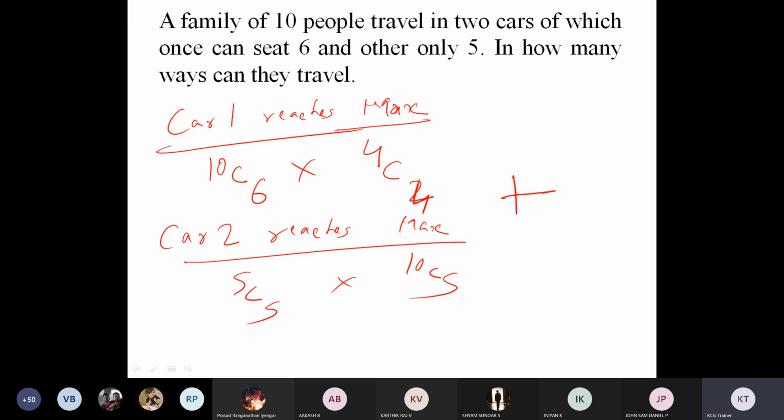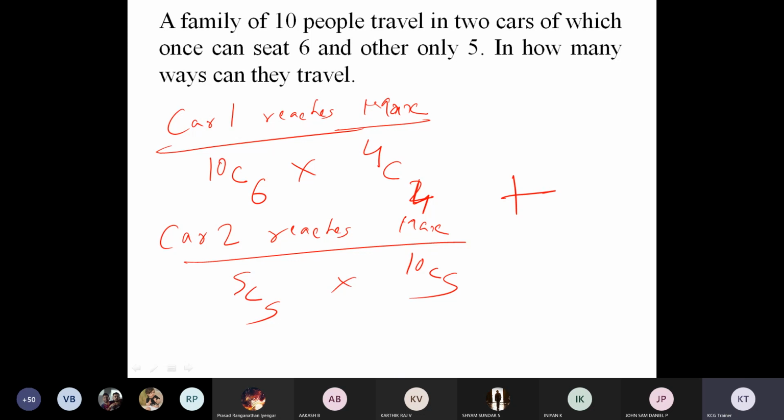Understood or not, guys, this question? Shall I go to the next concept now? Sir, how do we get 4C4? For example, in car 1, only 6 people can sit. Out of initially 10 people, first we'll select 6 people.